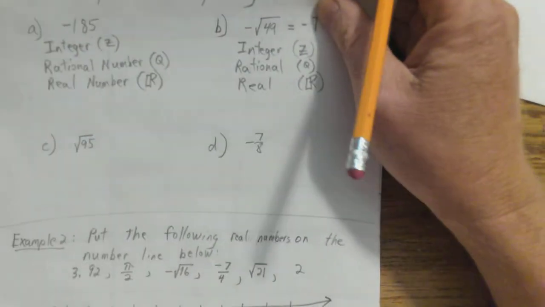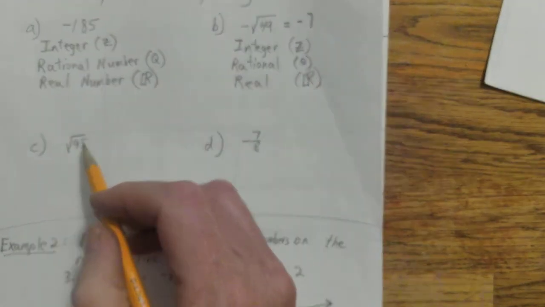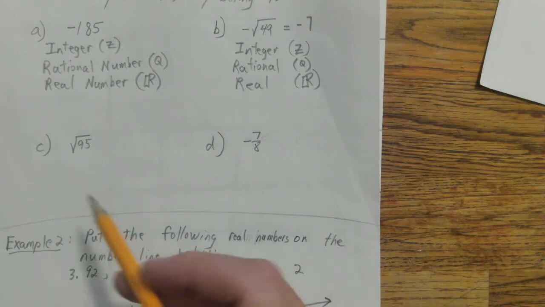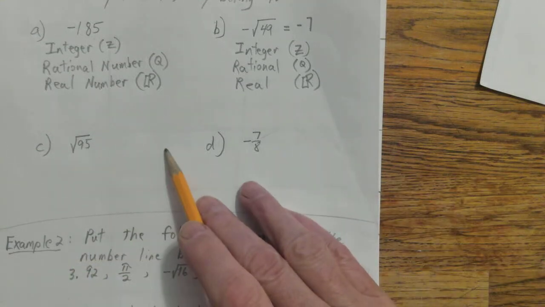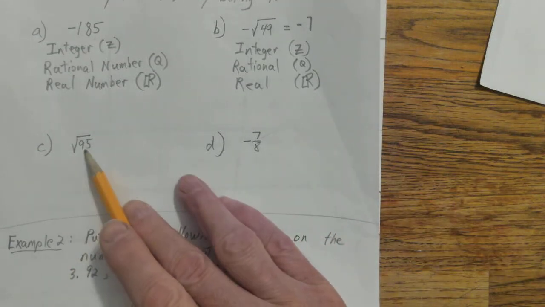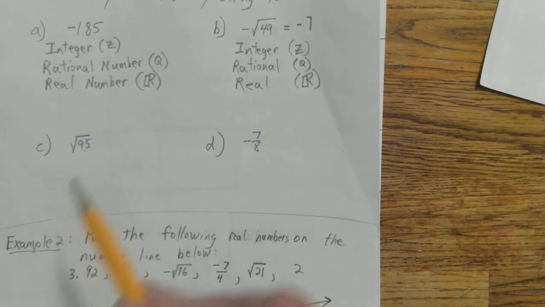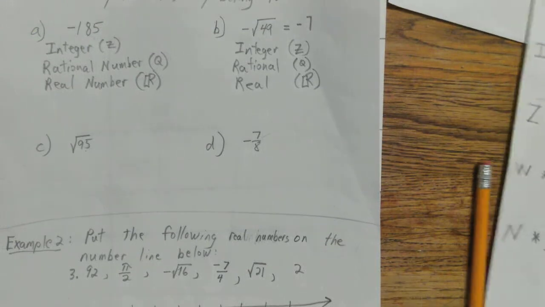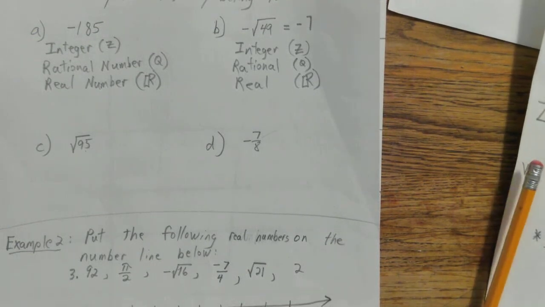The square root of 95. Okay. I happen to know, and you might even just want to check on a calculator, that you're going to get 9 point and then a bunch of decimals. And when that happens, we're not going to be dealing with an integer. And the decimal is not going to end. Let me get a calculator out real quick. It's helpful to see this, I think.